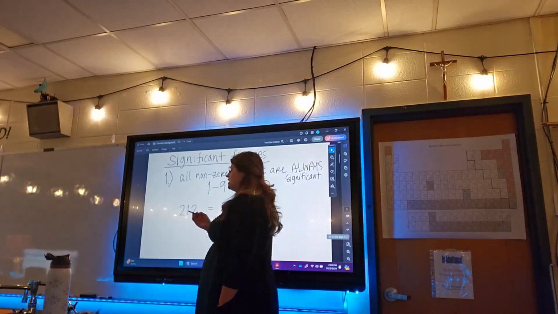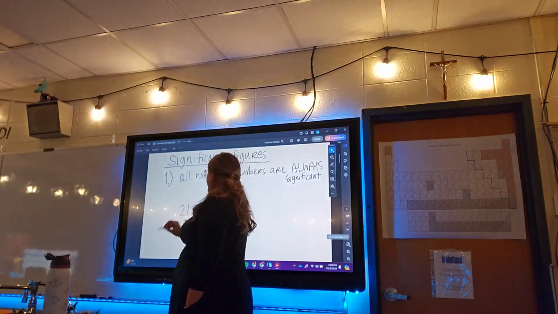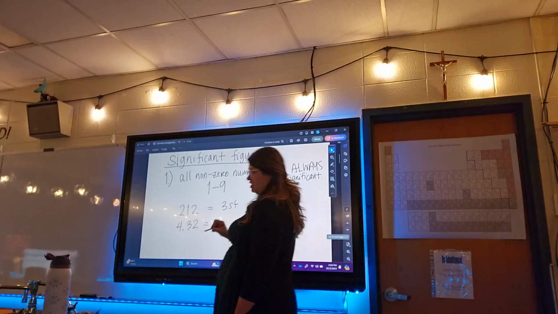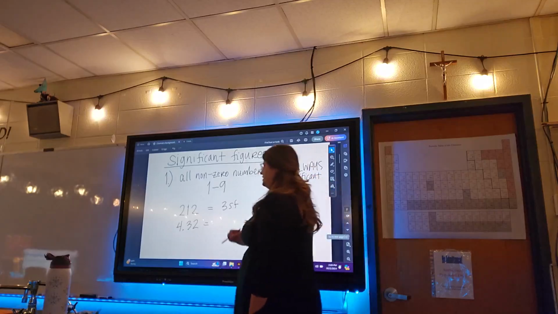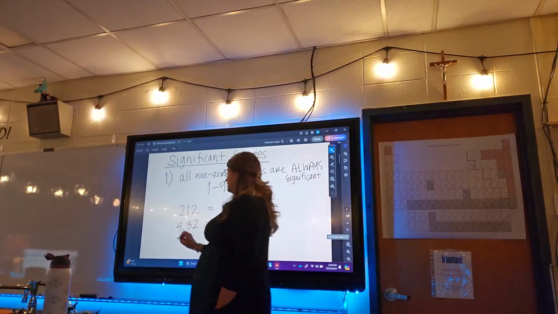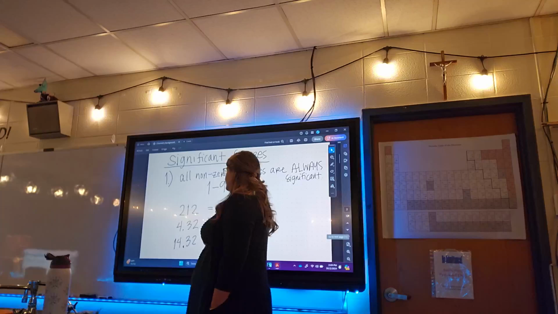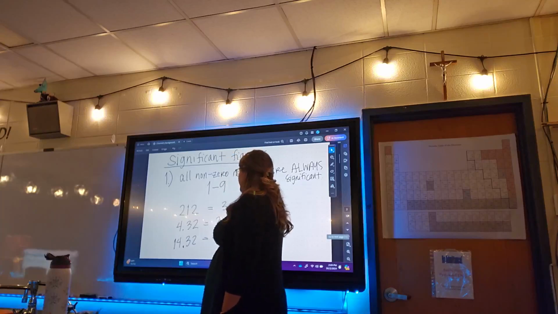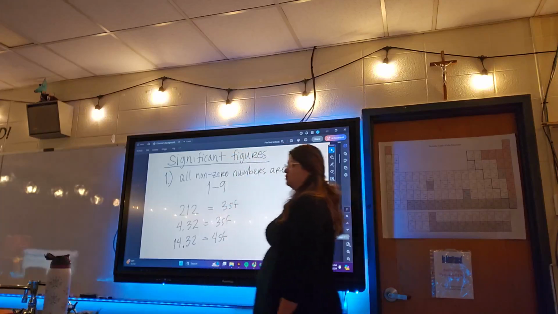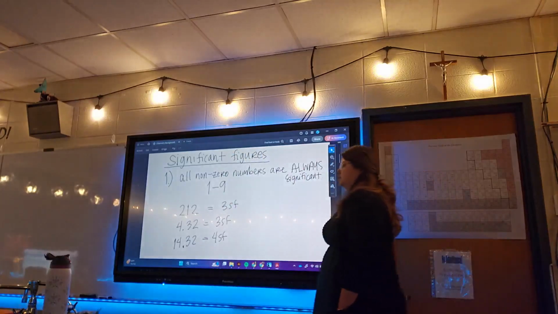Okay, so if I were to measure something on the balance, let's say I use the cheap one and it gives me 4.32, how many significant figures? 3. Let's say I weigh something heavier and it weighs 14.32 grams, how many significant figures there? So we've added significance just by the fact that we're using more of the scale's capacity.